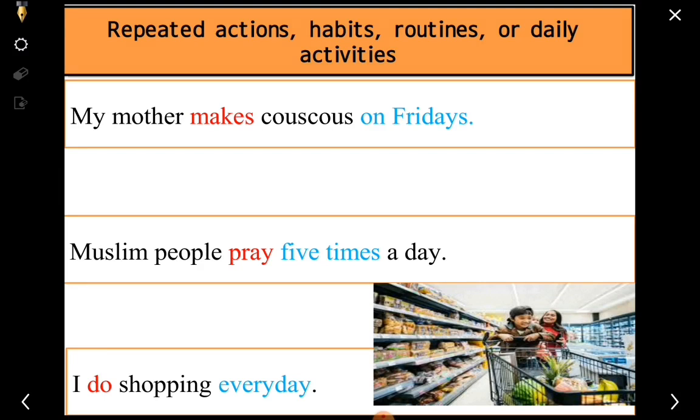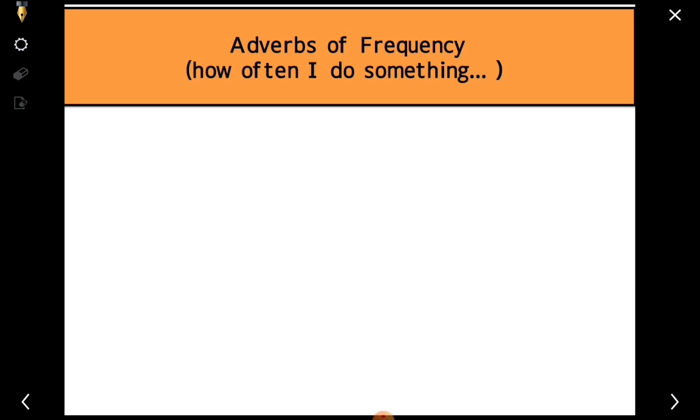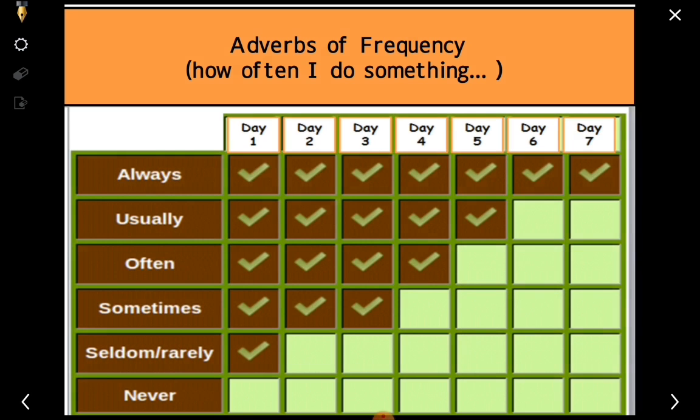And also we use the simple present when we have adverbs of frequency. It's like something that is repeated, okay? And how often I do this thing? Is it always, usually, often, sometimes, seldom, rarely, never? For example, we have day 1, day 2, 3, etc. The whole days of the week.